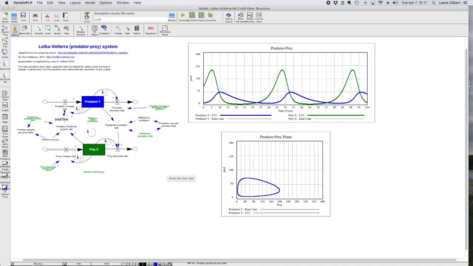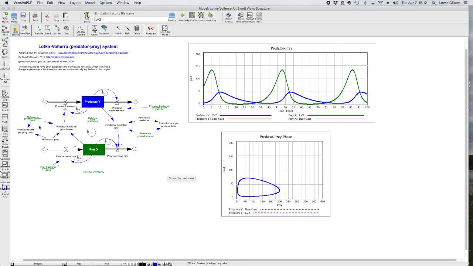Here's the link that relates the increase of lynx to the number of rabbits, and here's the link that relates the decline in rabbits to the number of predators. These elements here are the scaling things that Fiddaman talks about here.